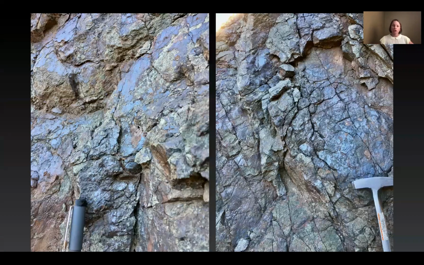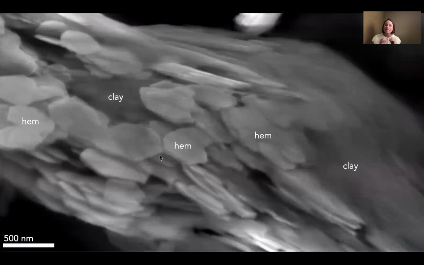Here, hematite occurs on millimeter to centimeter scale slip surfaces in dense networks, and it dissects Precambrian chlorite and clay-rich rocks. We see even at the nanoscale these perfect hematite platelets that are precipitating from fluid rock interaction with iron-rich clays.